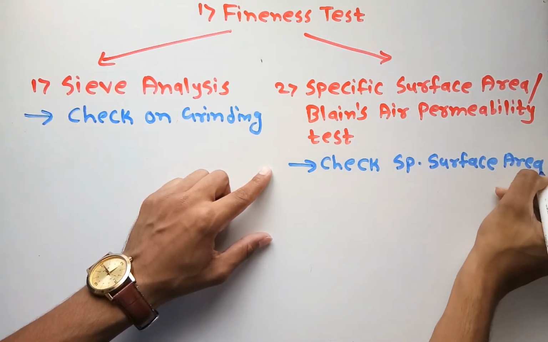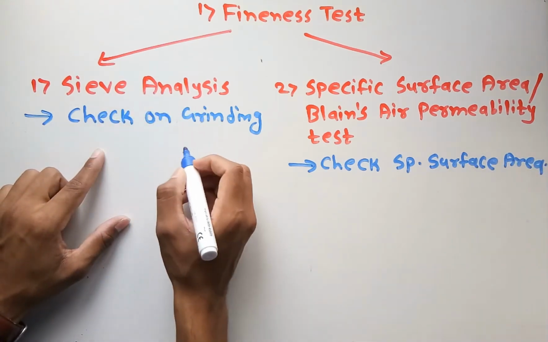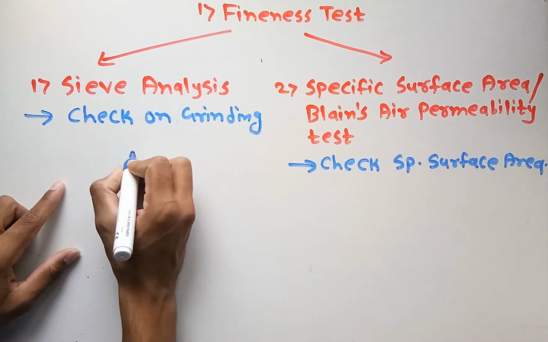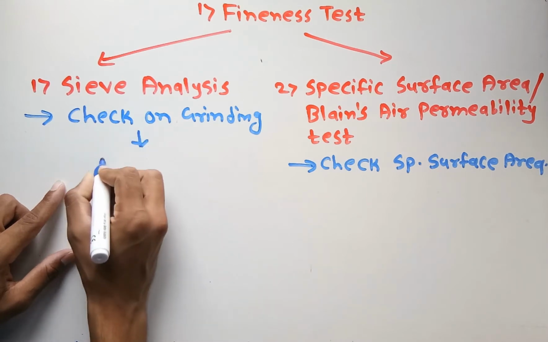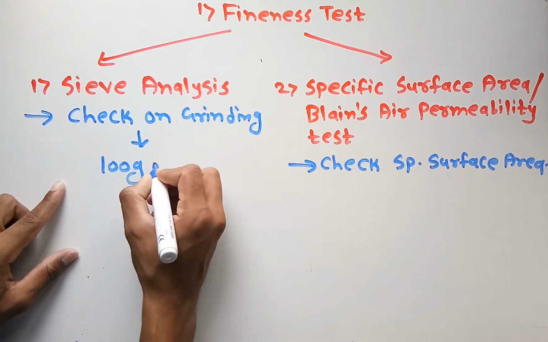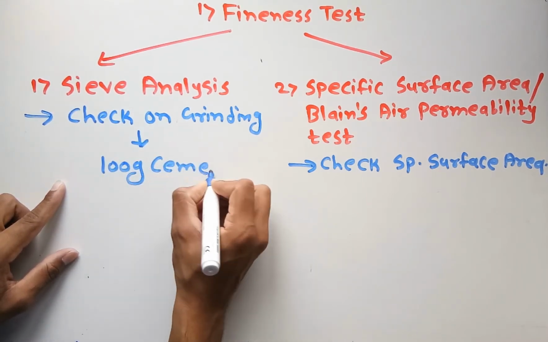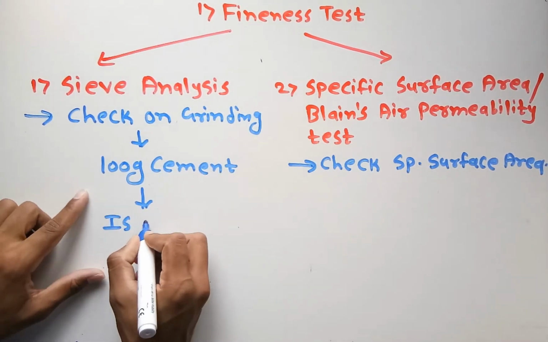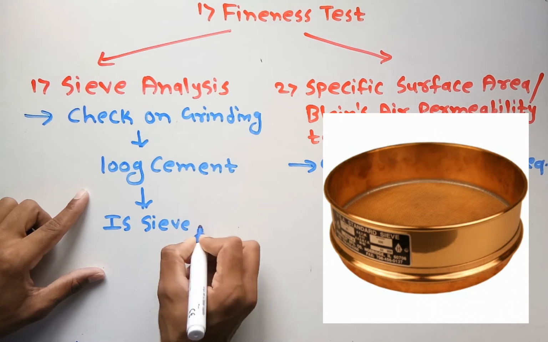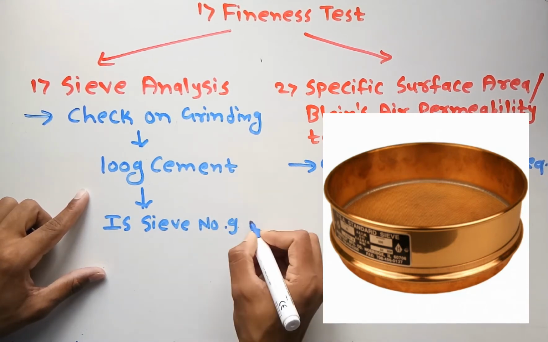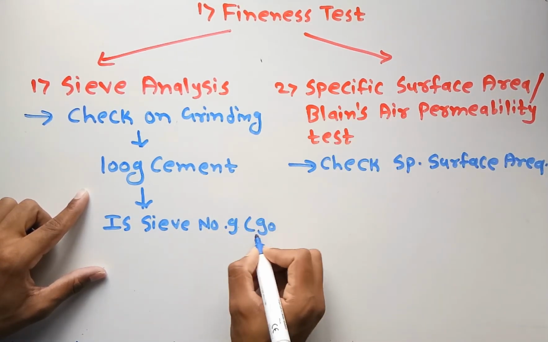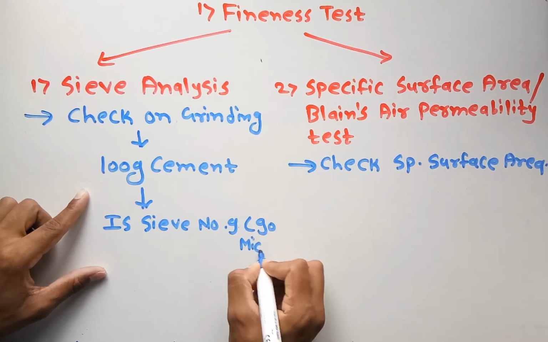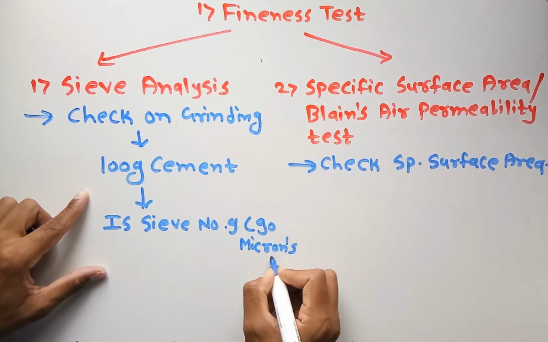Now we will see the procedure of the sieve analysis method. First of all, 100 grams of cement is taken out and sieved through IS sieve number 9, that is the 90 microns sieve.